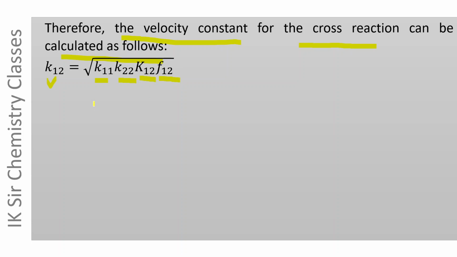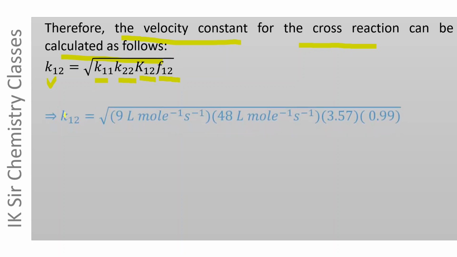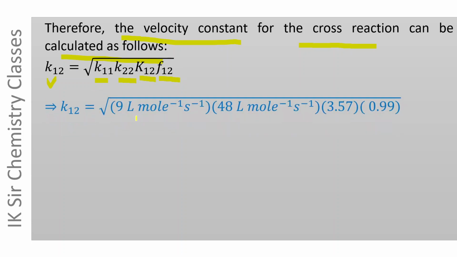Let us put the values of these terms in this equation. It is 9 liter per mole per second. It is 48 liter per mole per second. The value of the equilibrium constant is 3.57, and the value of F12 we have already calculated, and it is equal to 0.99.